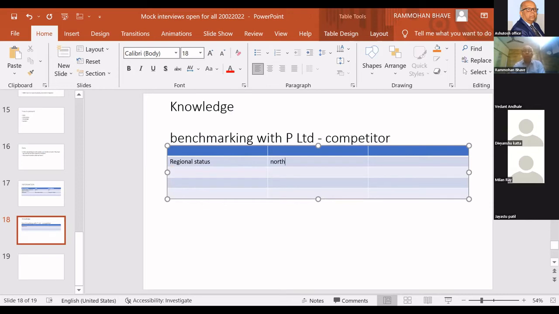North 50%, West 20%, P and R. And here North 10% and West 35%. Regional status. Market share.